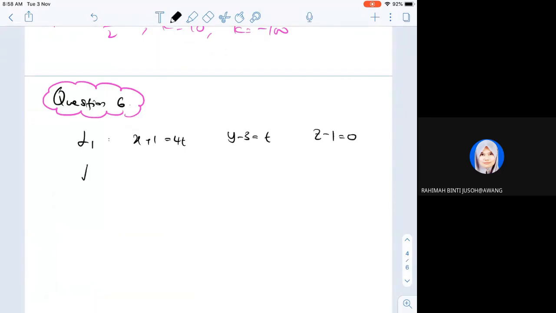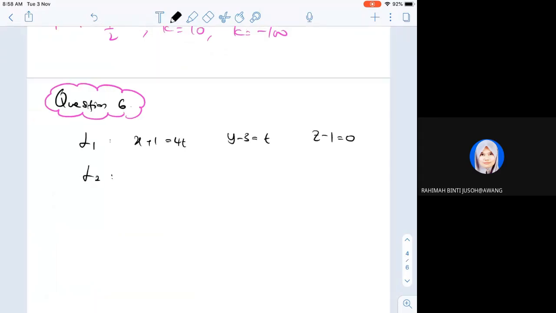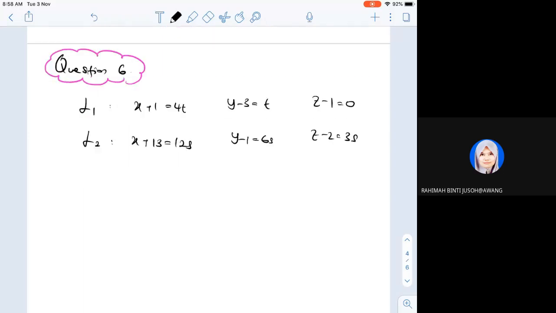And the second line, x plus 13 equals 12s, y minus 1 equals 6s. Okay, this is a bit tricky because the equations do not follow the parametric form.